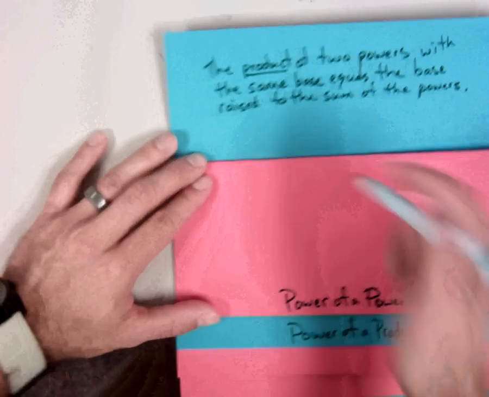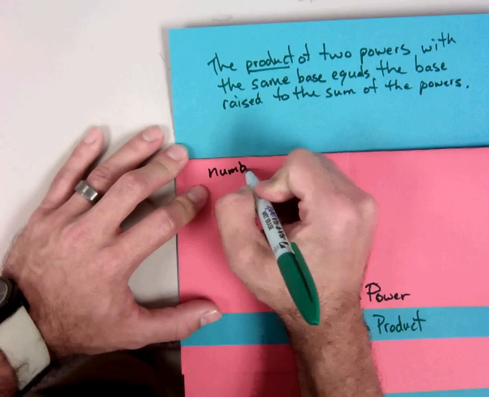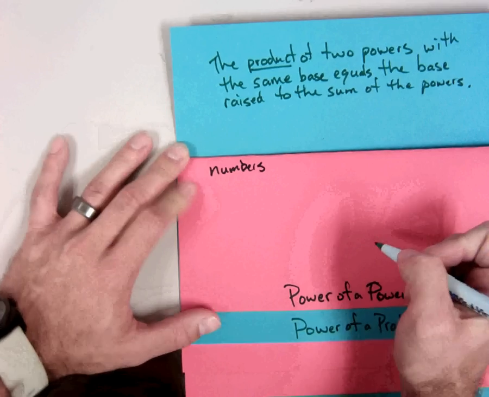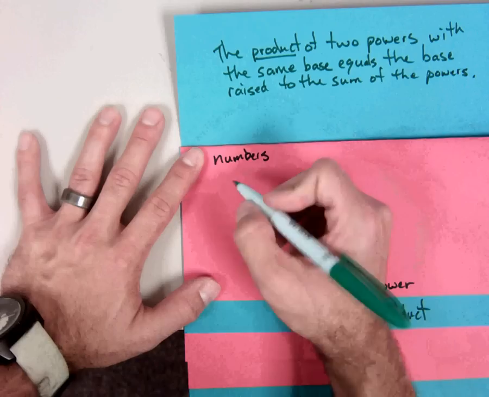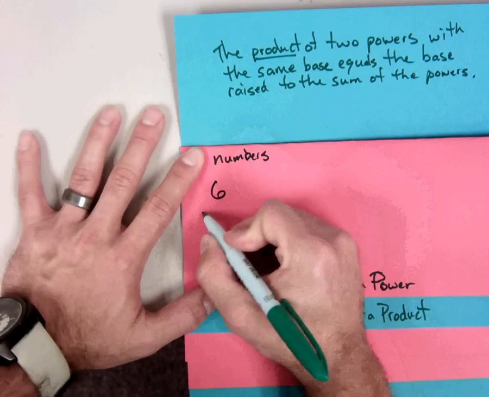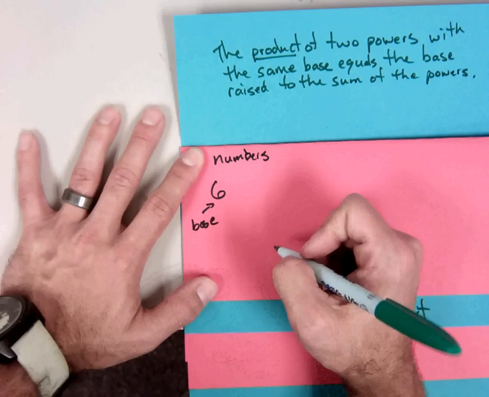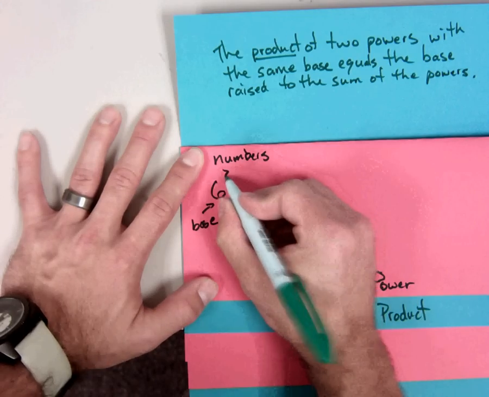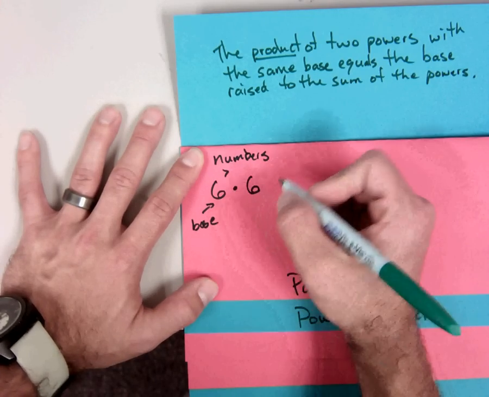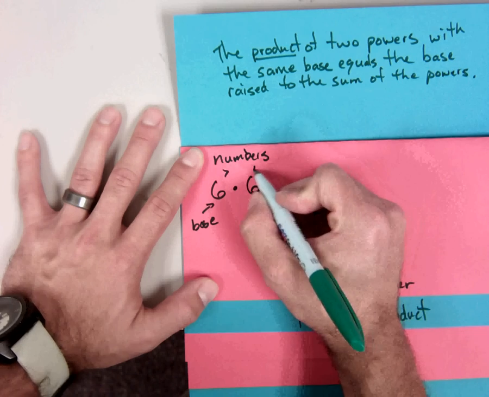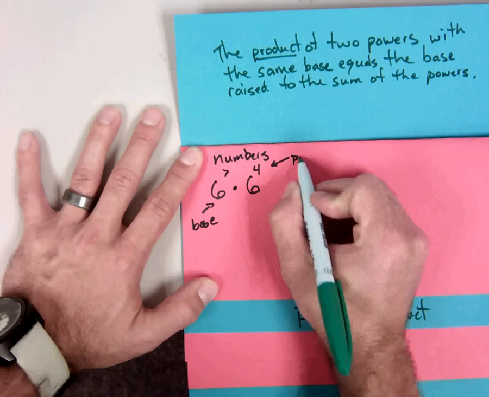All right, so what does this look like with numbers? Okay, so we'll make sense of it with a numbers example. Now, if we have the base 6 raised to the power of 7 multiplied by 6 raised to the power of 4, okay, here we have a power.